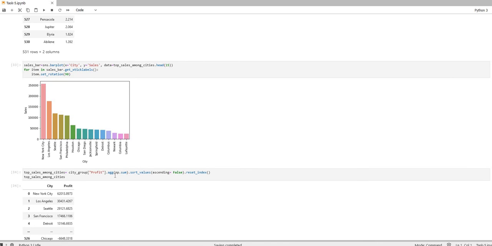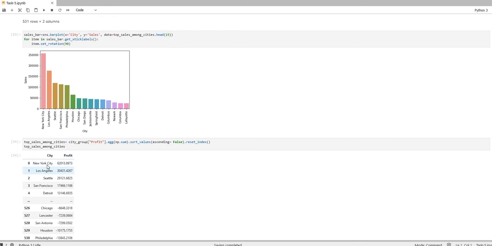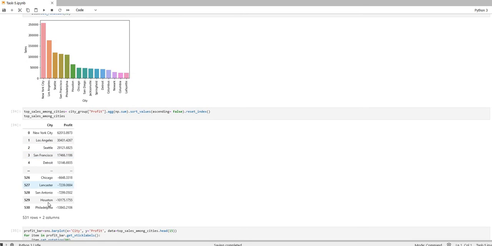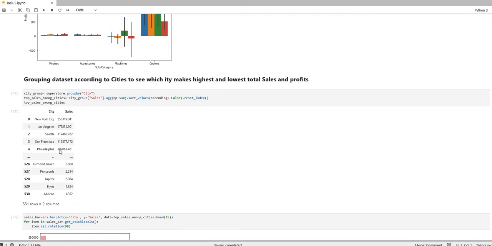Next, let's calculate the total profit among cities. Here we can also see New York City has the highest, then Los Angeles, then Seattle, then San Francisco. But we can see that Philadelphia has the highest loss, whereas Philadelphia has quite good total sales.